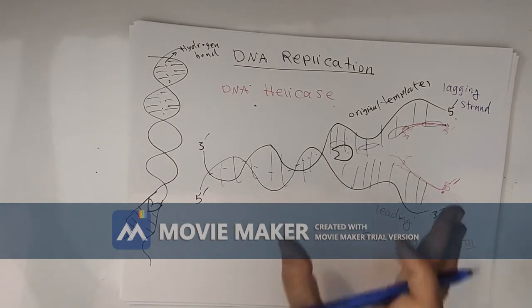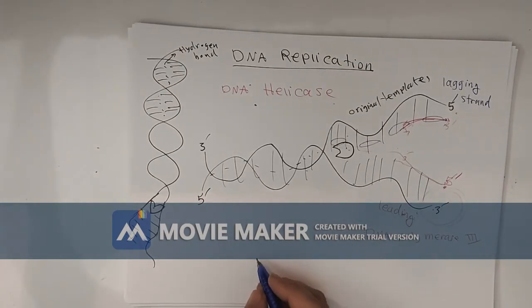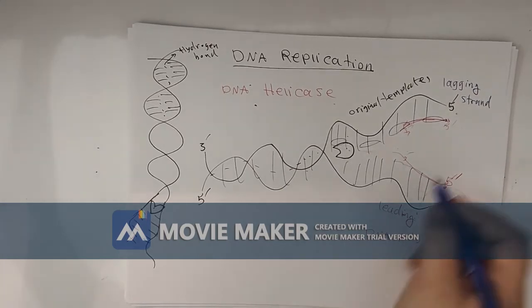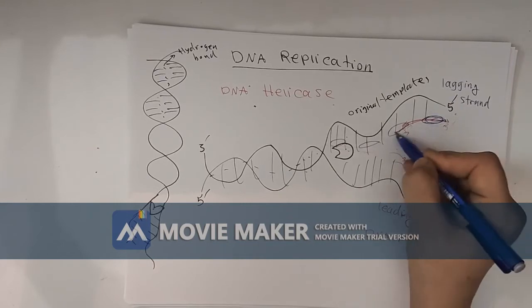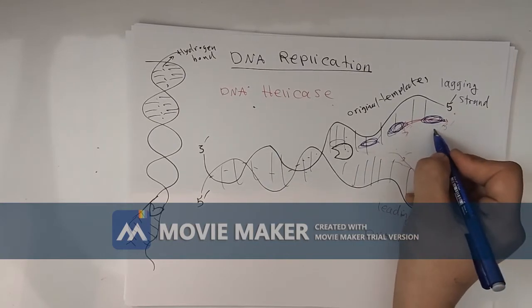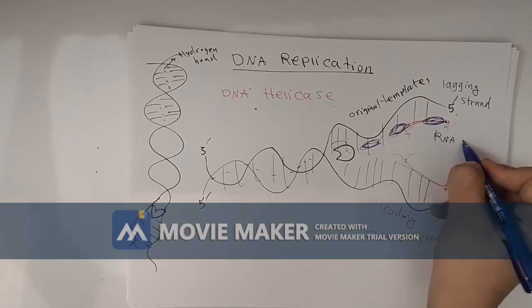So how is it actually happening? An enzyme called RNA primase follows the DNA helicase, which unzips the double helix. The RNA primase leaves a small section of RNA called RNA primers, which show where the DNA polymerase should start its work. The replication is happening in very small sections, and that is the job of the RNA primase.